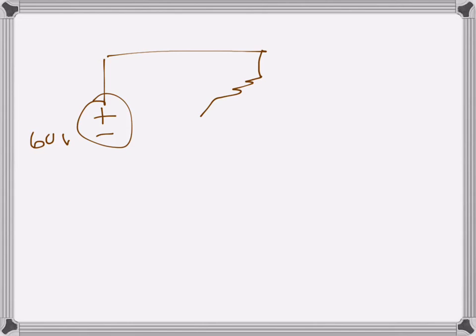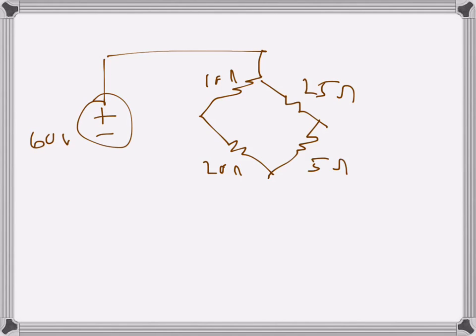It's the same circuit: 60 volts there, and then 10 ohms, 20 ohms, 25 ohms, 5 ohms, and this is connected here. Now we need to find the value of this voltage between these two terminals, the open circuit voltage VAB, which is Thevenin's. Once we have that, it will be easier to find the power dissipated, in my opinion.